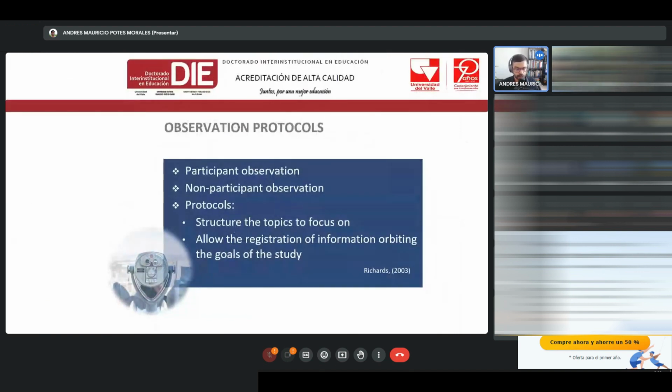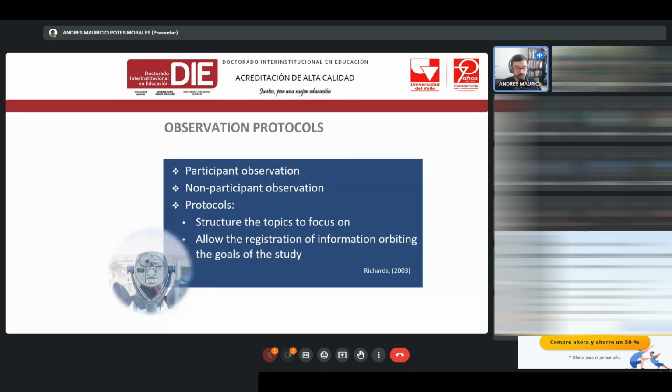Observation protocols is the other instrument that will be implemented in this research. So observations will be conducted during the professional development and intervention stages of this study.